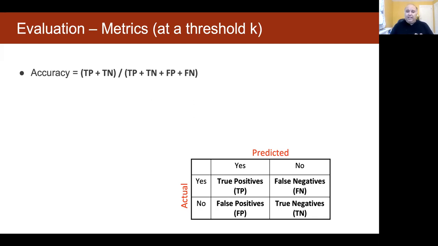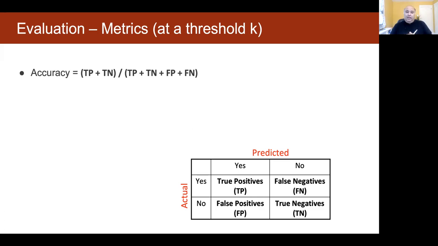We will rarely, if ever, use accuracy as a metric in most real problems, primarily because most of the problems we're going to deal with are not 50-50 positive negative. They're going to be skewed problems, and a positive may not be equally important as a negative. So accuracy is a good thing to know about, but unfortunately, we're not going to use it very often.